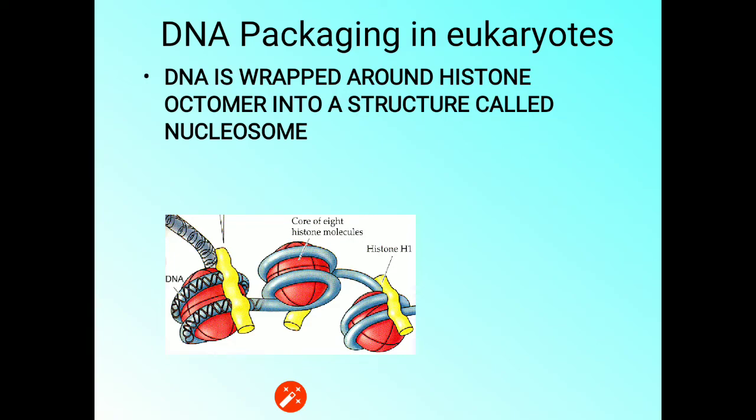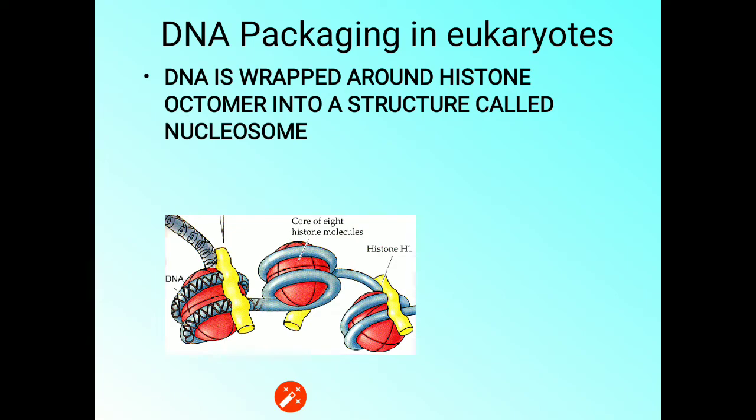The region which is tightly packed and not able to express, and stains darker, is called heterochromatin, and euchromatin is the lightly stained part which is transcriptionally more active than heterochromatin.